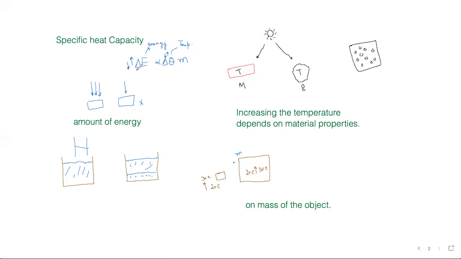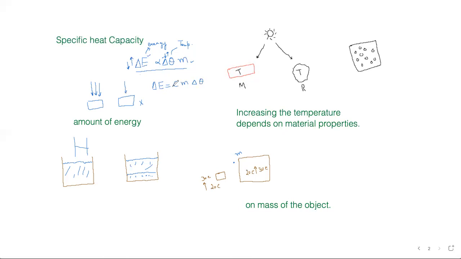And now we can have this formula, which takes care of mass and energy in relation to the temperature. So what about the type of material? How can we include that in this formula? We convert this proportionality into an equality, with a constant of proportionality, which is C, times the mass of the material and the change in the temperature.